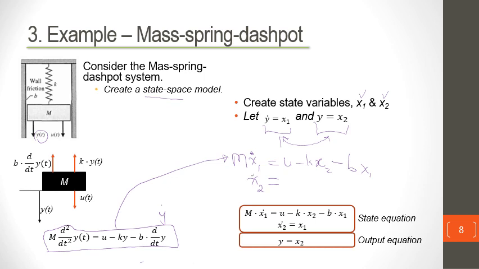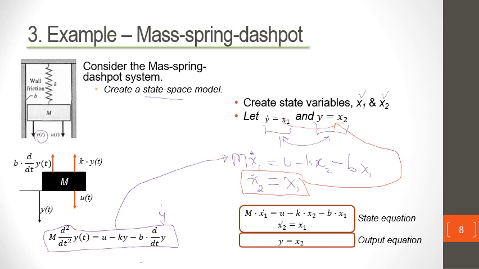In this case, x2 dot is the same as saying y dot, and y dot has to be equal to x1. This is by definition, because we have already defined it here. So x2 dot is going to be equal to x1.